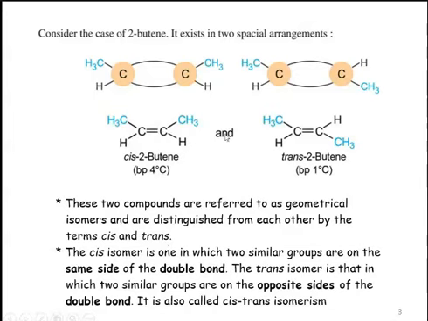The cis isomer is one in which two similar groups are on the same side of the double bond. Whereas in the case of the trans isomer, what happens? Two similar groups lie on opposite sides of the double bond. So we can conclude that geometrical isomerism can also be called cis-trans isomerism.